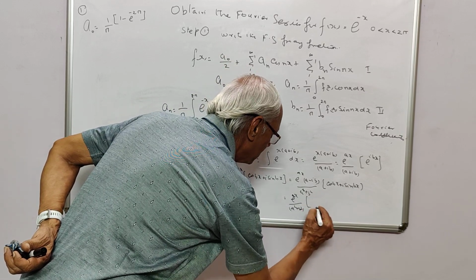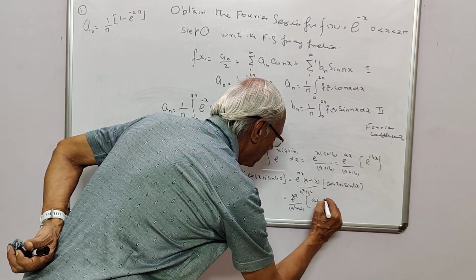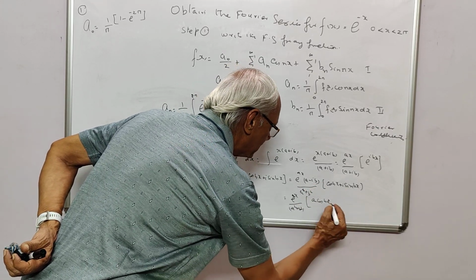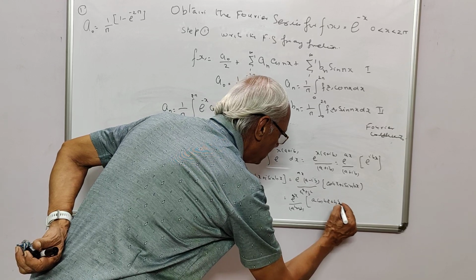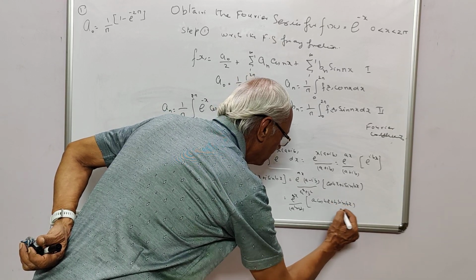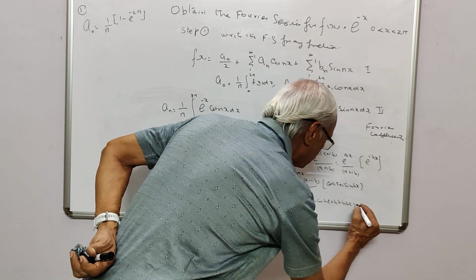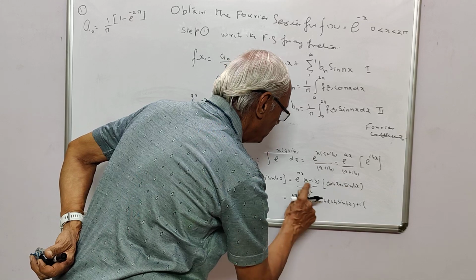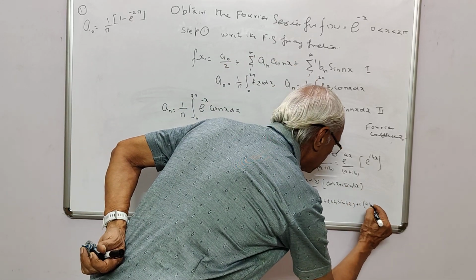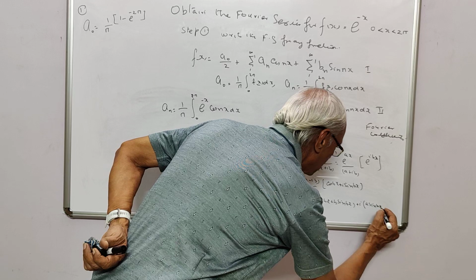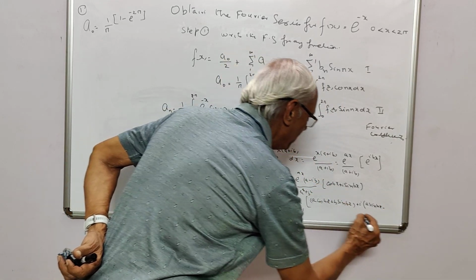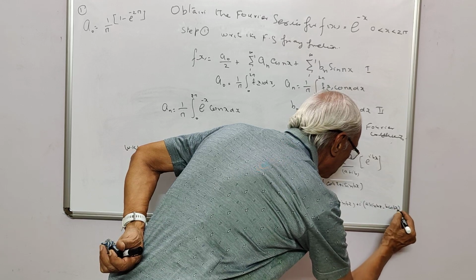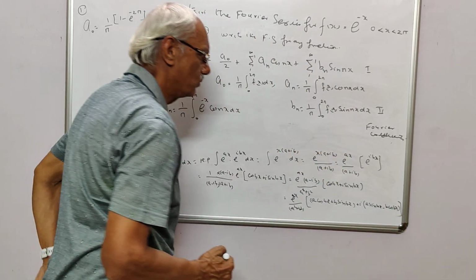Take this inside, so it is a cos bx, minus i into i, which will be plus 1, so b sin bx, plus i into (a sin bx minus b cos bx). So this is what I get.